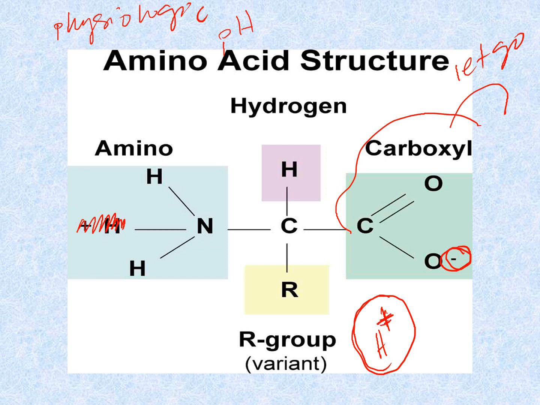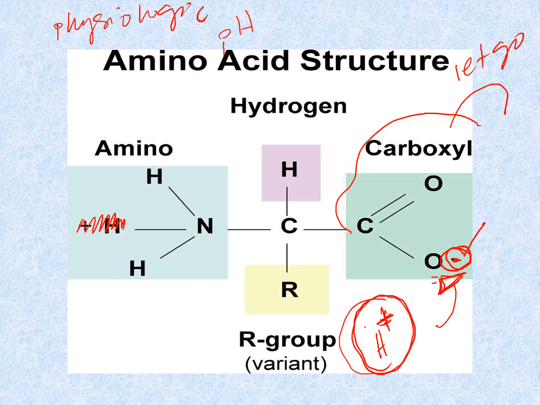Once it is removed from being attached to the oxygen, the oxygen will now carry that specific negative charge. Oxygen is a negatively charged atom, right? So, since the positive charge was removed, the negative charge of your oxygen atom will come out. That's why the carboxyl group carries a negative charge.